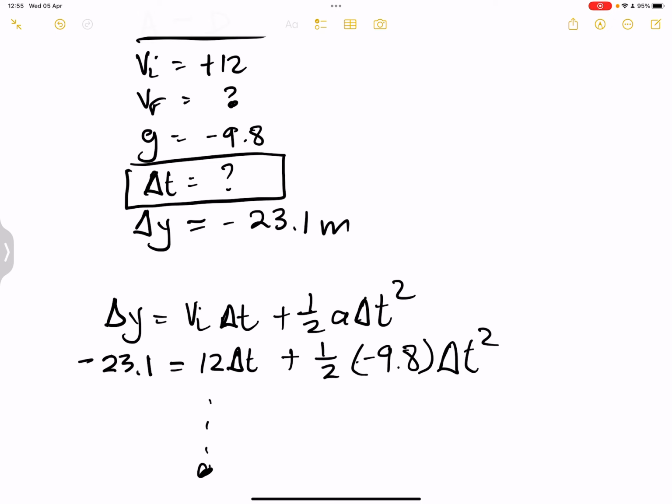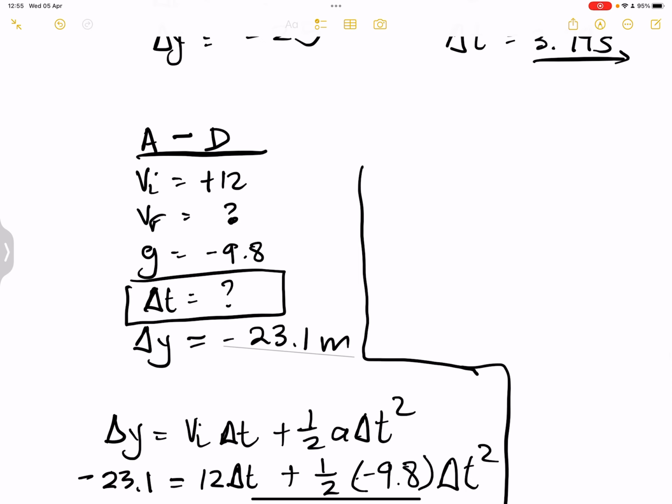What I can do, however, even though it might seem a little bit long, is calculate what that final velocity is when it got to the door, when it got to the top of that door. So I can just say Vf squared is Vi squared plus 2 times a delta y.